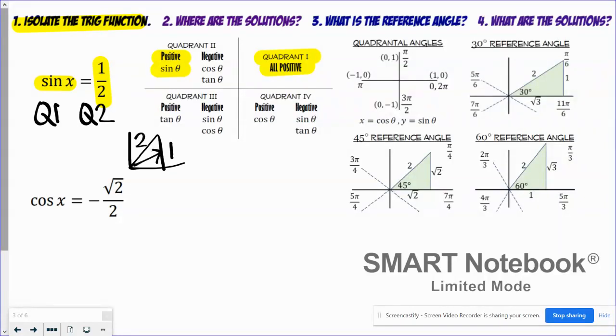What is on the other side of that one? Well, looky here. 30 degrees is on the other side of that one. And we said that our answer angles are in quadrant 1, where it's pi over 6, and quadrant 2, where it's 5 pi over 6. And those are your two solutions, pi over 6 and 5 pi over 6.